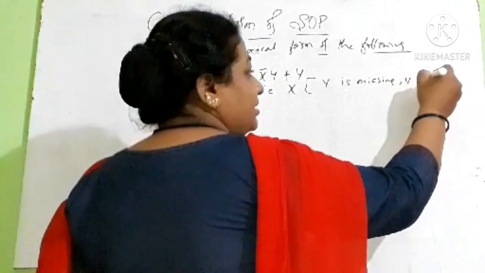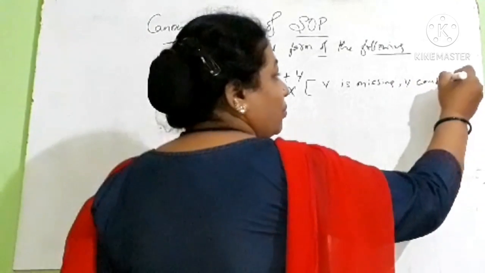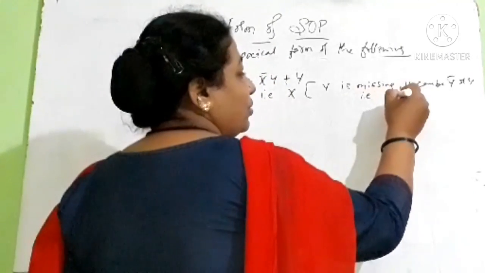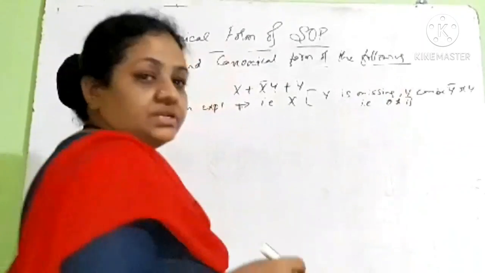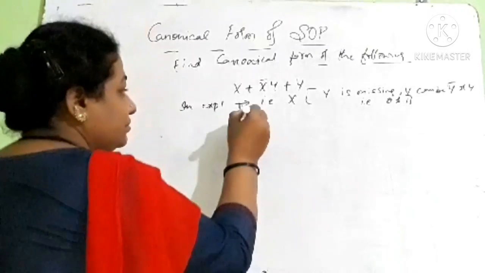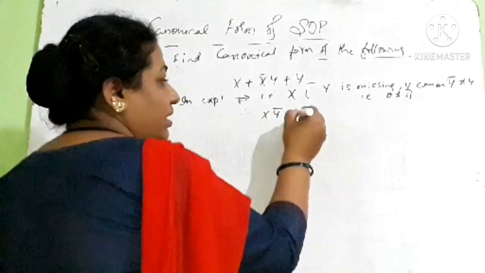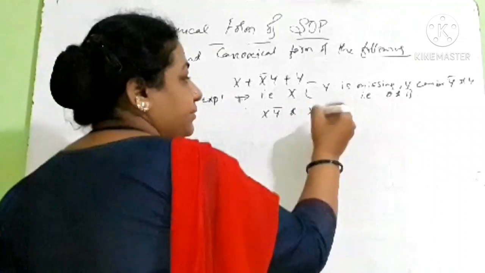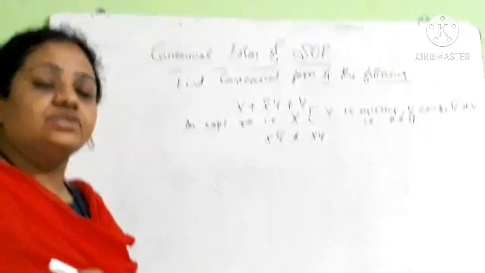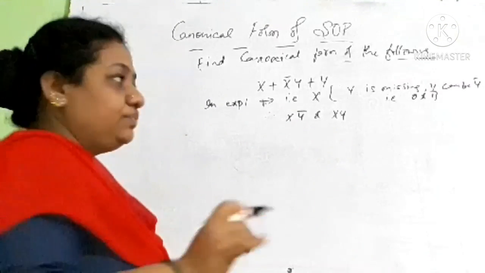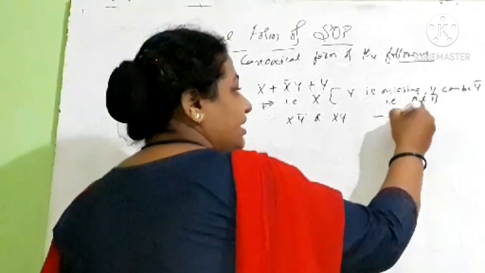So x, and then y can be y bar or it can be y. Now we can see both the variables are represented. Now we have got the first expression.